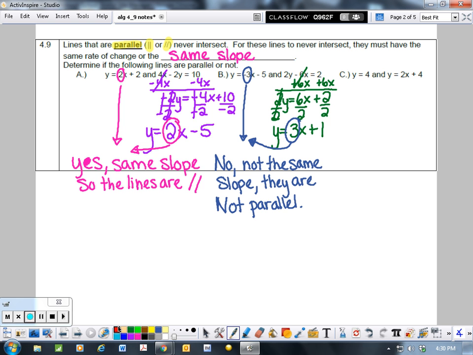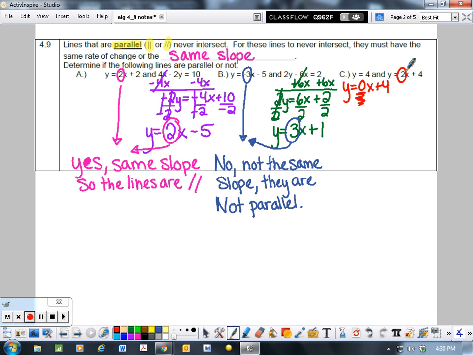Okay, and our last example for this slide, we have y equals 4. So the first thing we have to figure out is what is the slope. So usually for slope we look at what's next to the x, but there is no x. So this is really y equals, there's no x plus 4, which means my slope is 0. Now I'm going to compare over to here. y equals 2x plus 4.